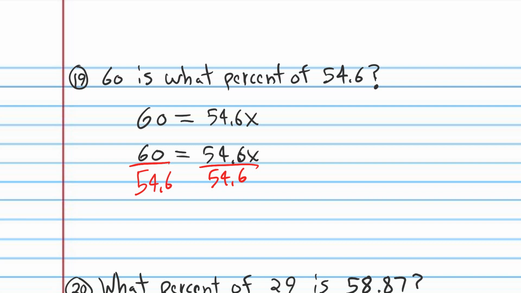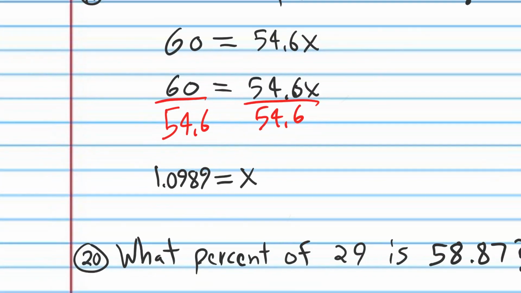I'm going to get my calculator out. 60 divided by 54.6 equals, and I got a really weird number there. So it looks like we're going to have to round off on that one. So I got x is equal to 1.0989. I didn't realize that was going to be a weird number.